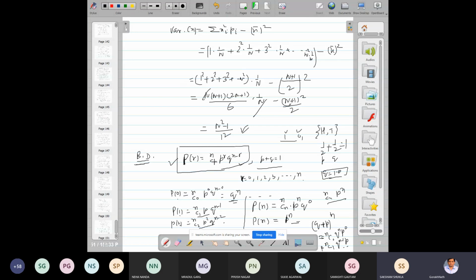Now consider the mean and variance of this distribution. To find the mean and variance, suppose we form a table.